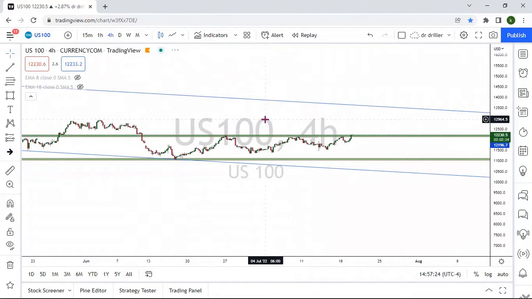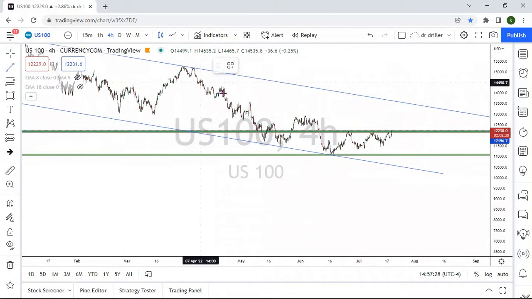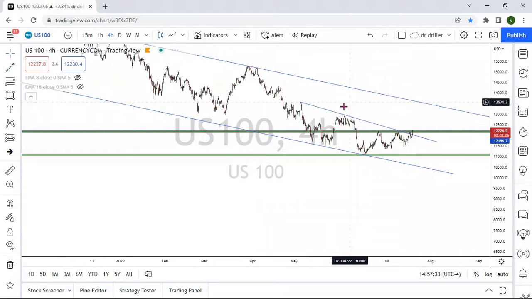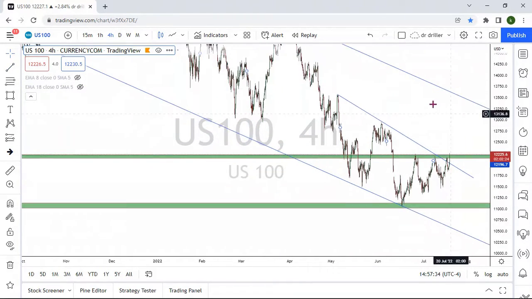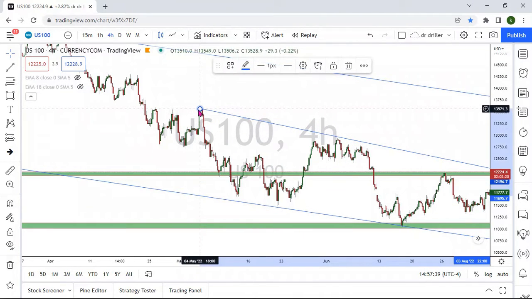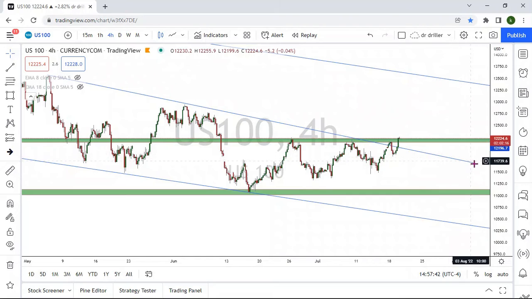So going to our 4-hour time frame to actually look closer into what's happening regarding this market. Let's observe what's really happening. Why am I using this high over there?